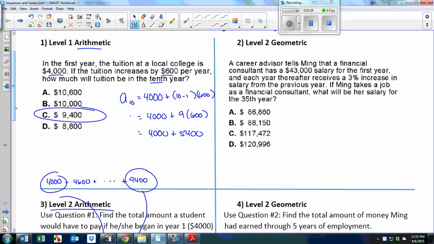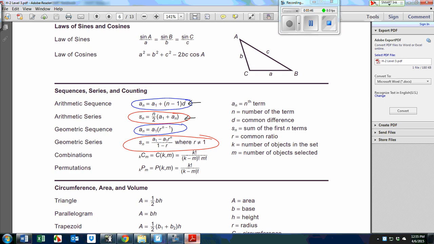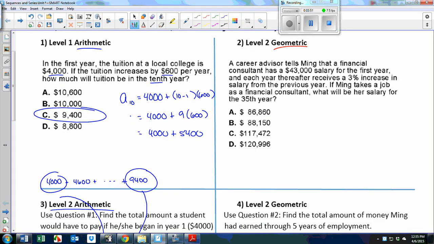So we're going to switch gears now to geometric in number 2 and find a sequence answer and then a series answer, so essentially reviewing all 4 formulas. So geometric: the advisor tells me that a financial consultant has a $43,000 salary for the year, a sub 1, 43,000, and gets a 3% increase on the salary each year. So here, that's 43,000 times 3%, 0.03, and adding it back.